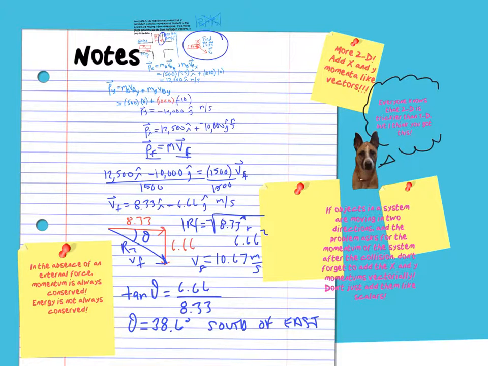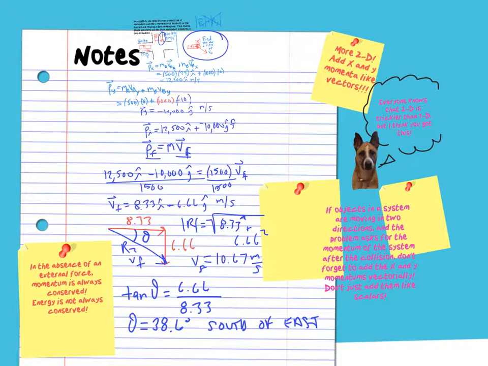All right? So, bottom line for this problem, you can't be adding the momentums when they're going in the x and the y direction. You can't add them as scalars. You could add them as vectors. So you have to find the momentum in the x direction, find the momentum in the y direction before the collision, put them together, and you have your initial momentum vector. Your initial momentum is equal to your final momentum because there were no external forces on the system.